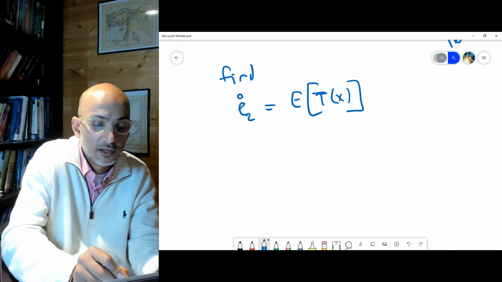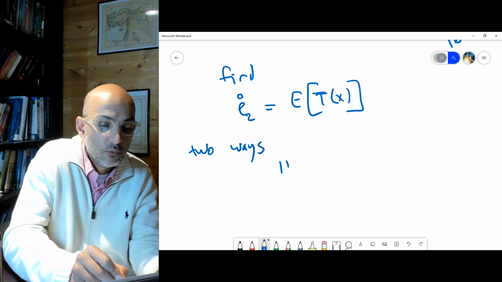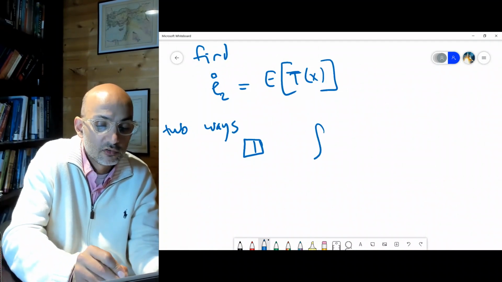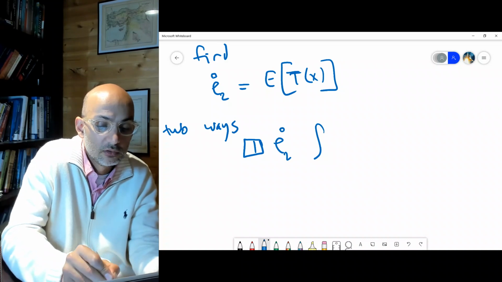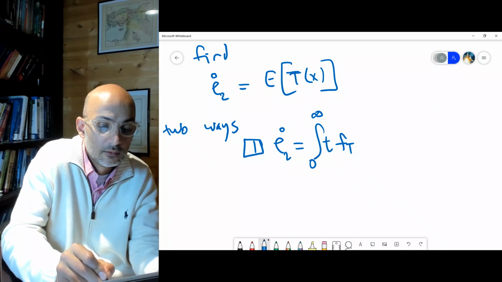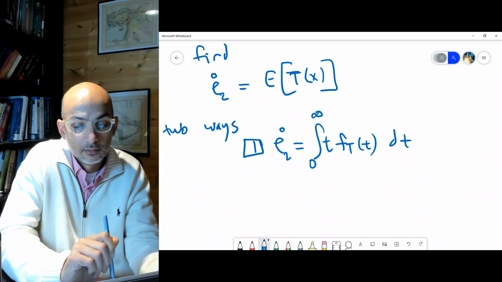And there are also 2 ways. One way is you use integration, so e to 0, integrate from 0 to infinity t multiplied by the density function f(t) dt, right?